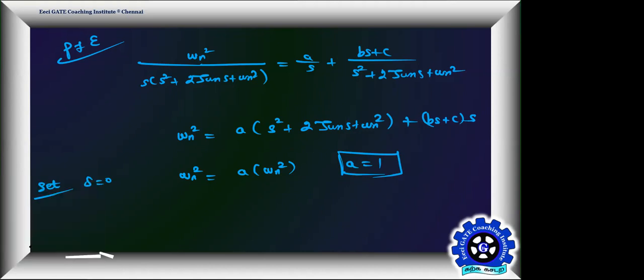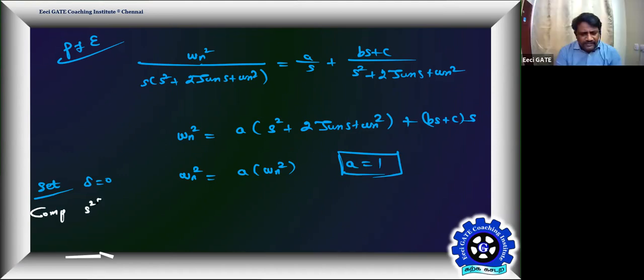Then A is known. Compare s square coefficients on both sides. There are no s square terms on the left-hand side, it is 0. On the right-hand side, A into s square gives the s square term. So the coefficient of s square is A, plus Bs into s gives Bs square, so B is the term.